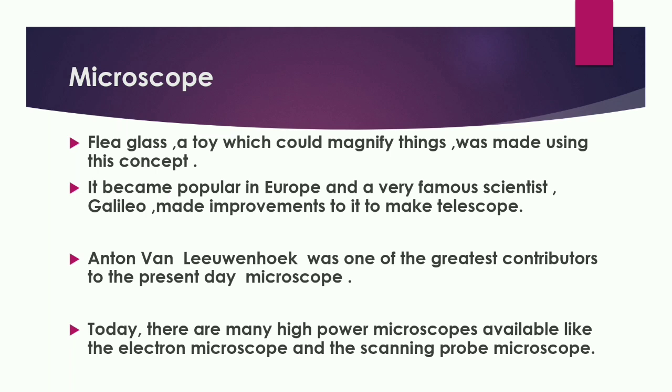What is a telescope? A telescope is an instrument with which we can see far off objects like the stars in the sky or the planets in larger size. So with the help of this technique, Galileo made some changes and he made a telescope.